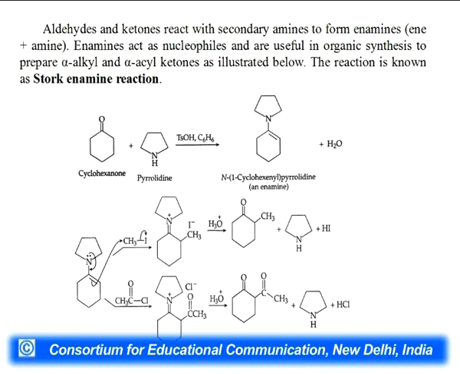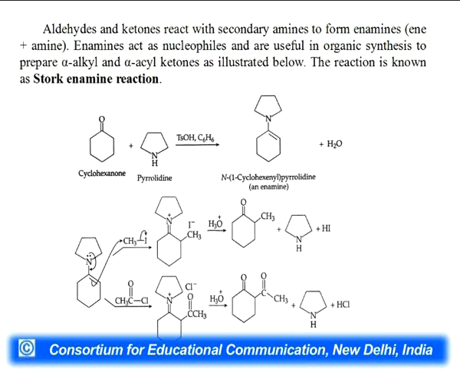In this reaction, first of all, cyclohexanone when it reacts with pyrrolidine will give you 1-cyclohexenyl pyrrolidine, an enamine, and then the synthesis of alpha alkyl and alpha acyl can be seen.